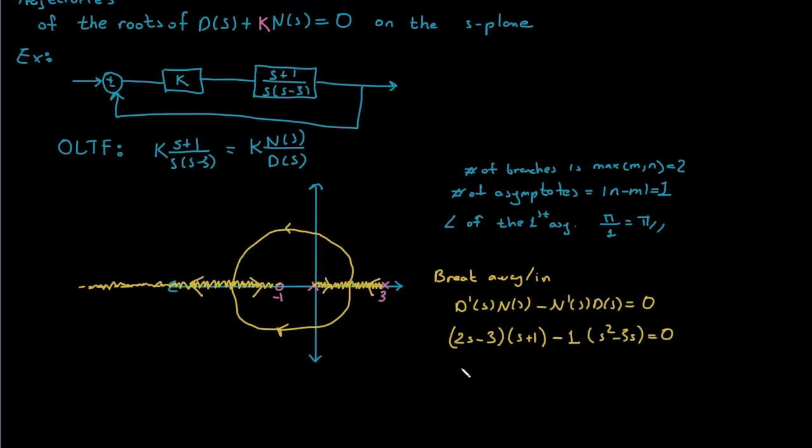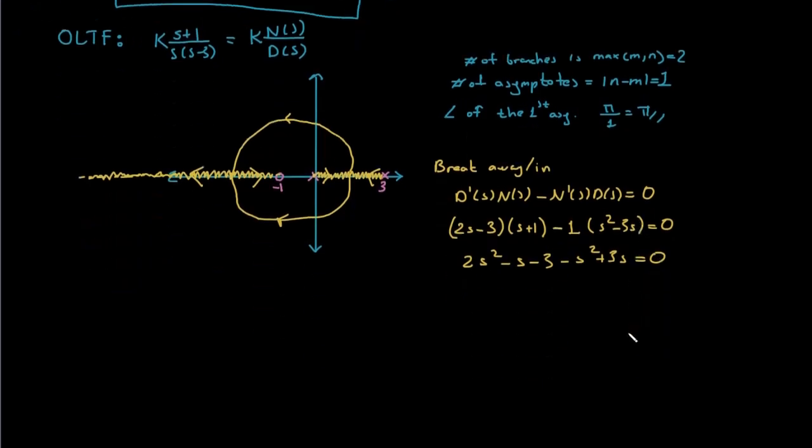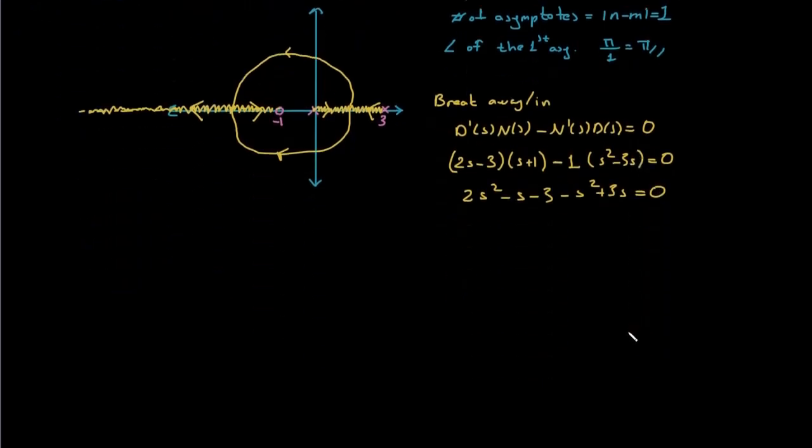So what is this equal to? This is 2s squared minus s minus 3 minus s squared plus 3s equals 0. So this is equal to s squared plus 2s minus 3 equals 0, which gives me two s values.